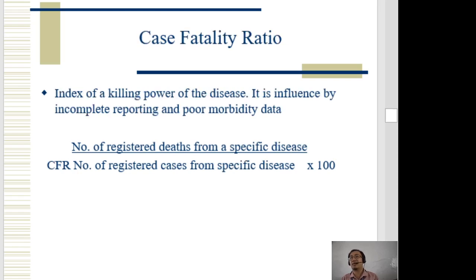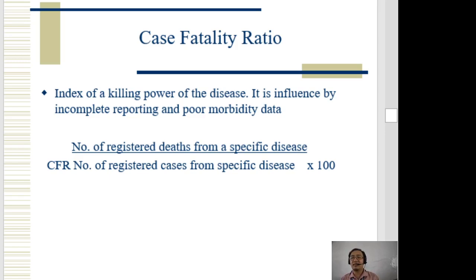Now let's proceed to case fatality ratio, or CFR. This one is measured because it's a good index of the killing power of the disease. It means the higher the CFR, the more fatal the disease is. The lower the case fatality ratio, the less fatal the disease is.